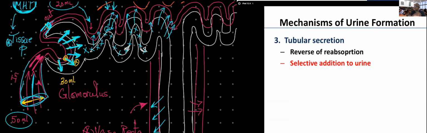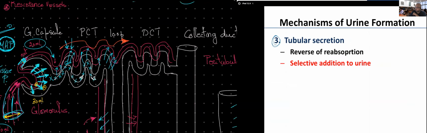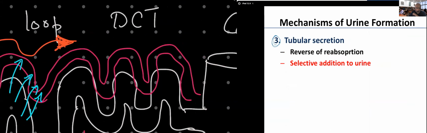Third step is going to be the tubular secretion, which is a reverse of the reabsorption, which I have selective addition to the urine. I will look back at the blood and I will see if I still have a metabolic waste or a toxin or a metabolite that I don't need anymore.